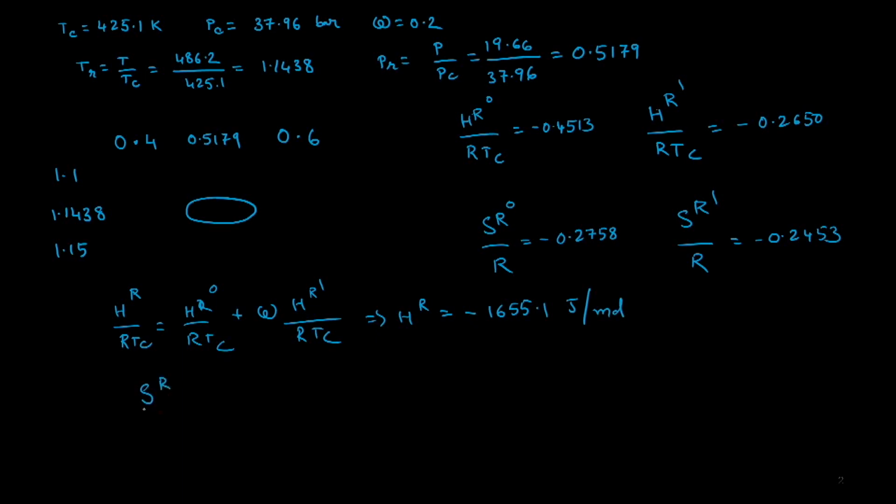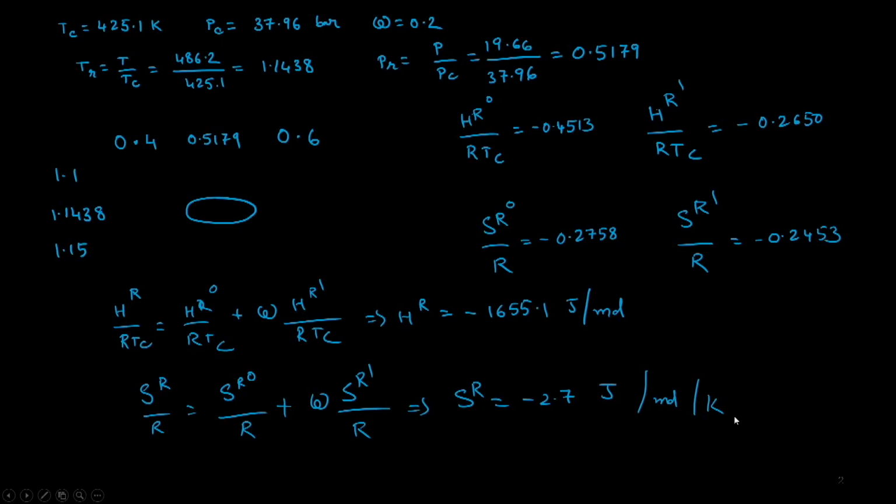And similarly, SR over R is SR naught over R plus omega times SR1 over R. So I get an SR of negative 2.7 joule per mole per Kelvin. So these are the HR and SR values at the initial condition, right? And my initial condition happens to be 1.